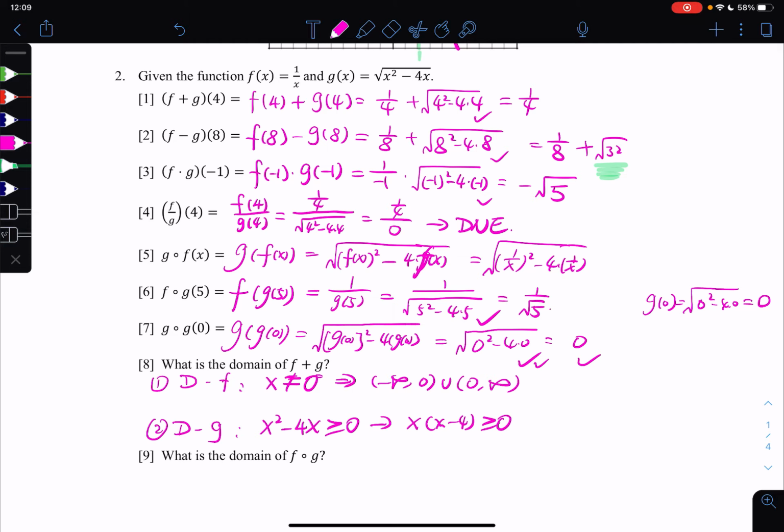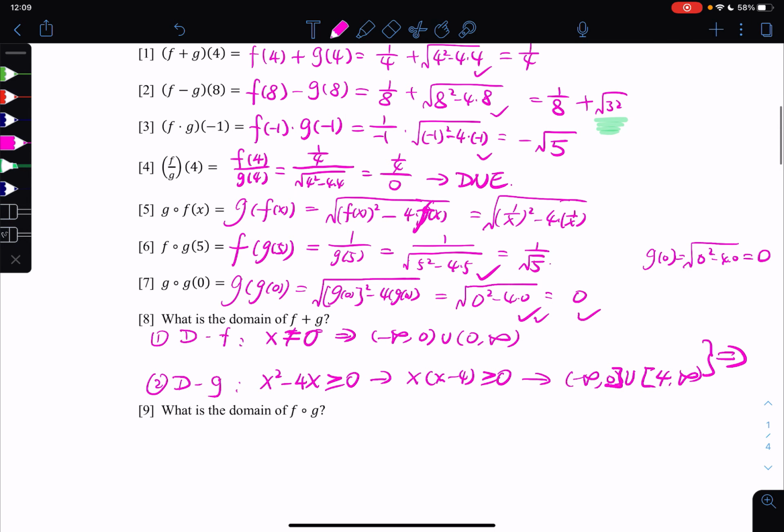I think that's a very big issue if you still don't know how to do that. So your final answer is x less than or equal to 0 combined with x greater than or equal to 4, including the boundary points. If you combine those two pieces together, the shared region is anything less than 0 and everything greater than 4. So that's my final answer.